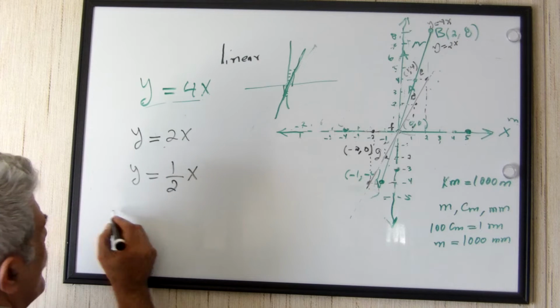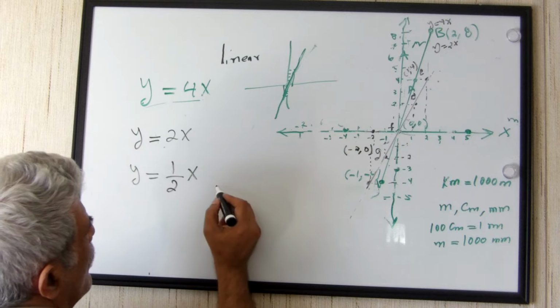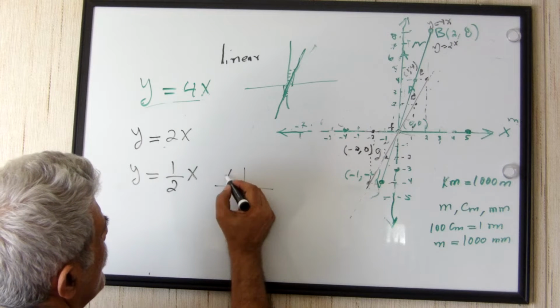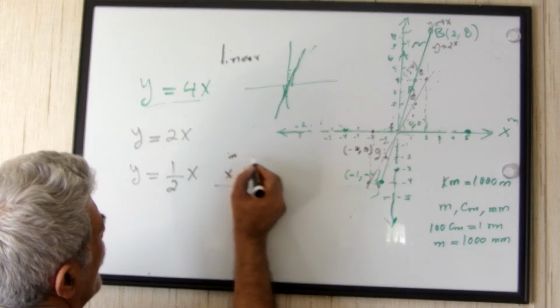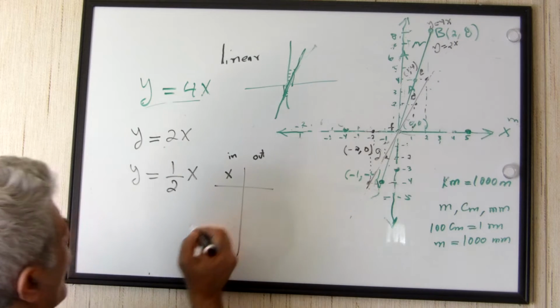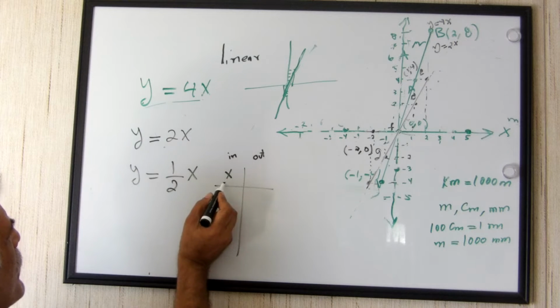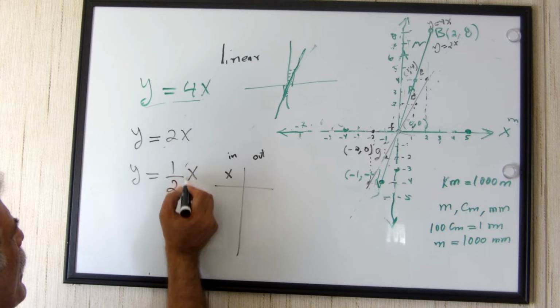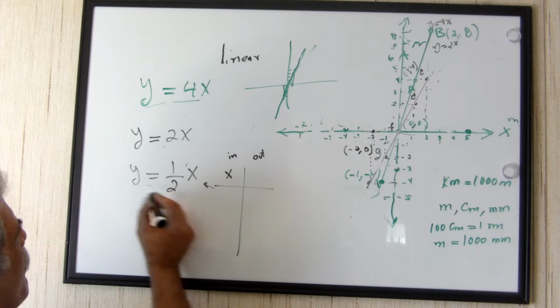So we draw the table here, x input, output. We give a value of x here, we find y.